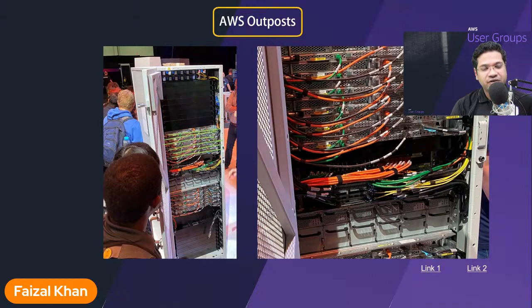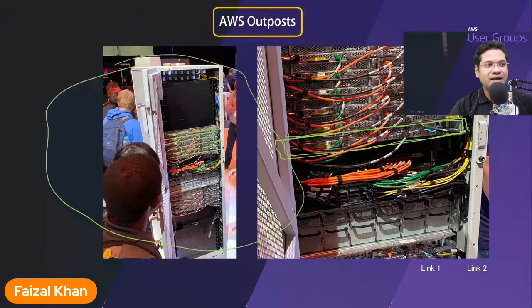AWS this year at re:Invent actually released two more servers, which is a 1U and a 4U. So if you see this server here, I hope you can see what I'm drawing on the screen. This is basically 1U, or 1 unit, right? And 4U basically means 4 of these. So before, if you wanted Outposts, you had to kind of buy this entire thing, like you had to rent out this entire server.